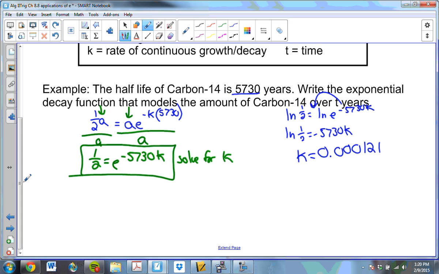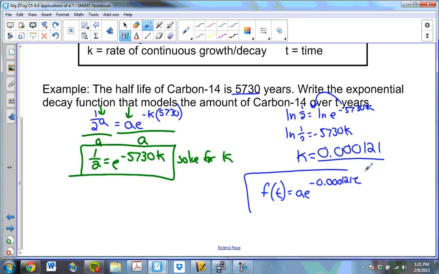Once I have the k value, I can write the equation. f of t equals A e to the negative 0.000121 t. And now with this equation, if I knew how much I started with, I'd know how much time I could find. Or if I knew the time, I could go back and find how much I started with or ended with. So that's how you find your equation to work with half-life functions.